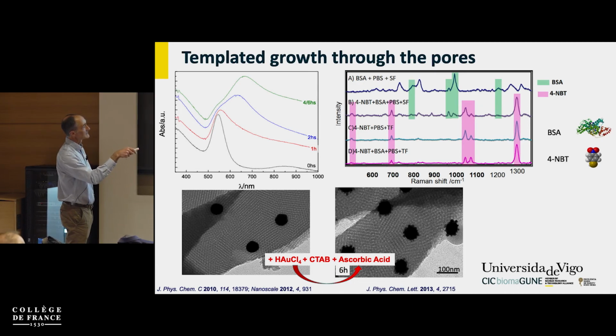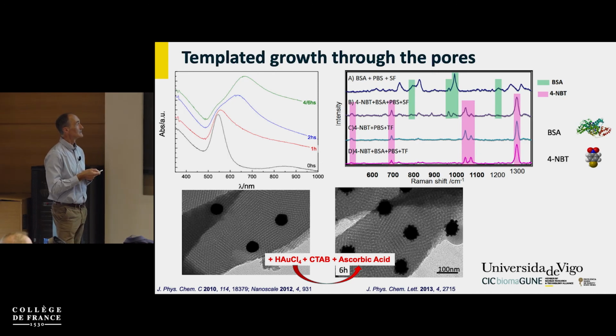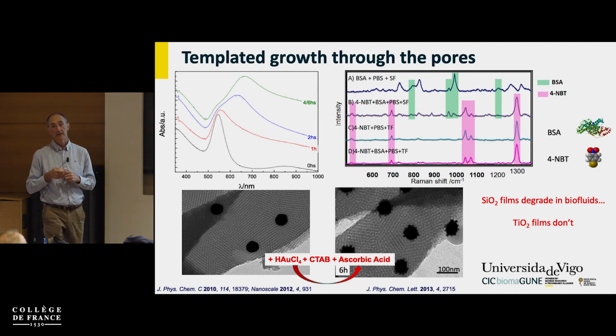And then we only see the peaks corresponding to MBT. And when we do the experiment with the mixture, again, we only see the peaks corresponding to MBT. So in this case, we do not measure the signal of the protein, meaning that titanium oxide films don't degrade in the presence of the biofluids.